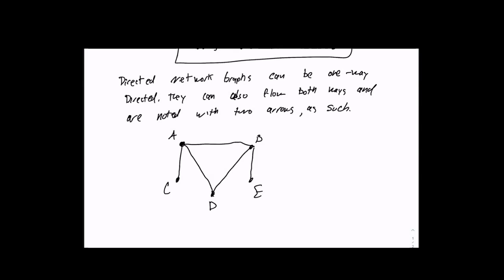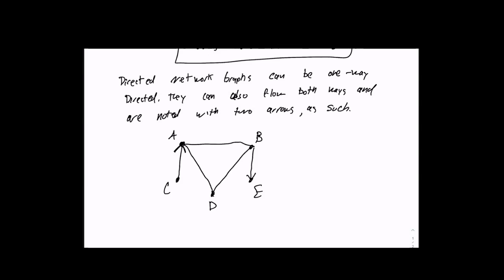A talks to C, A and C talk to each other, A and D talk to each other, A and B talk to each other, and B and E talk to each other. But now, in terms of this network, C can only talk to A, where A does not send information back to C. So it's a one-way communication here.